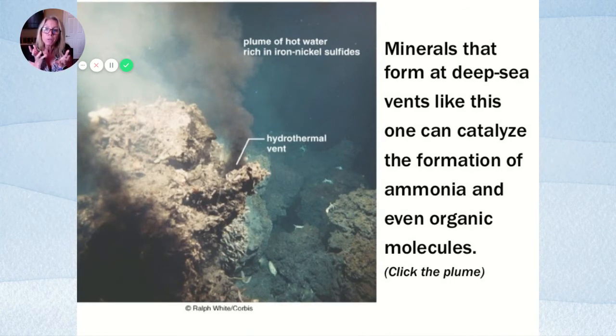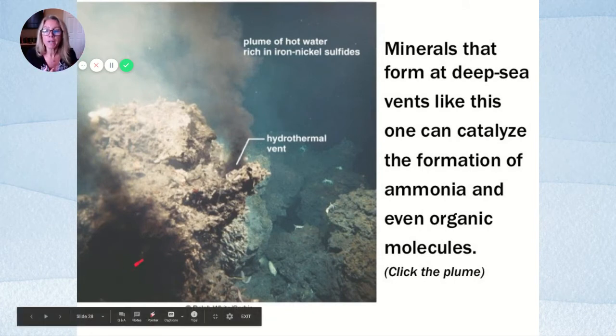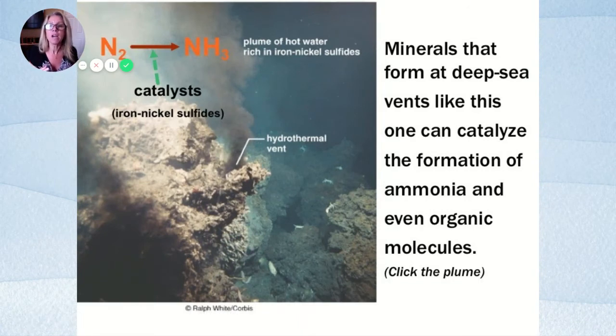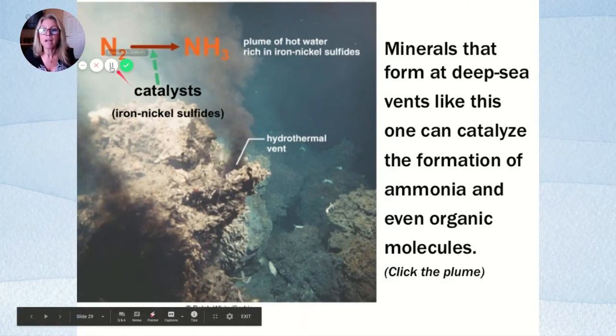So what would be your source of nitrogen? So you could do nitrification, right? So the formation of ammonia and other organic molecules would have been from the heat of the earth. And then what is right here within the minerals of these deep sea vents that could catalyze N2 into ammonia?